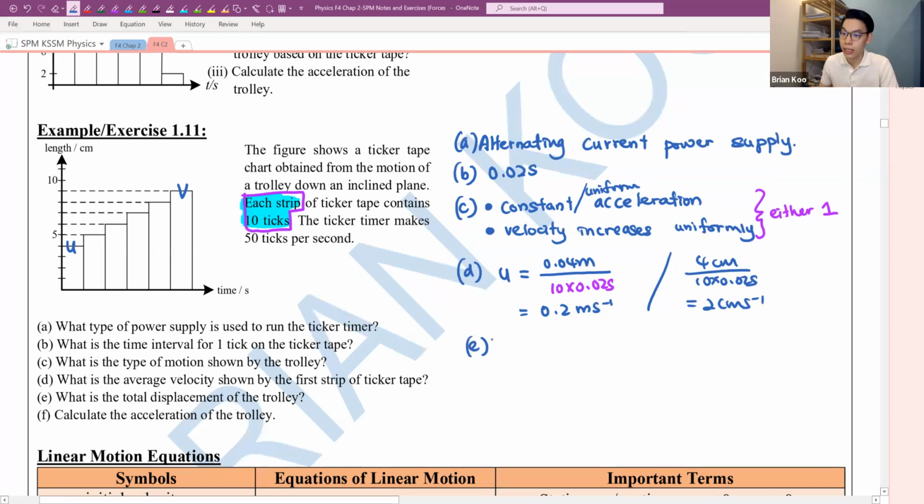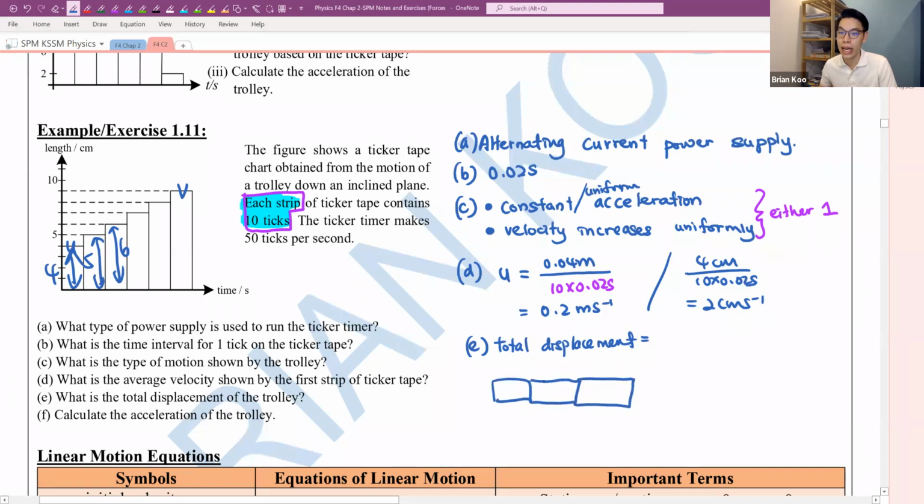Part E, second last one, total displacement of the trolley. So if you see the trolley at first travels 4 cm here, and then 5 cm here, and then 6 cm here, it's actually one long strip.